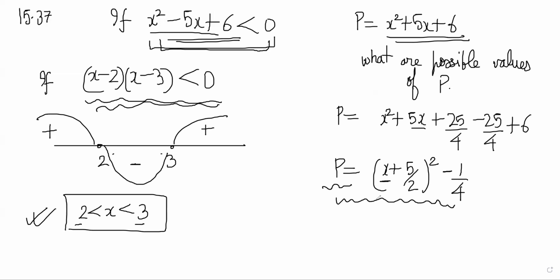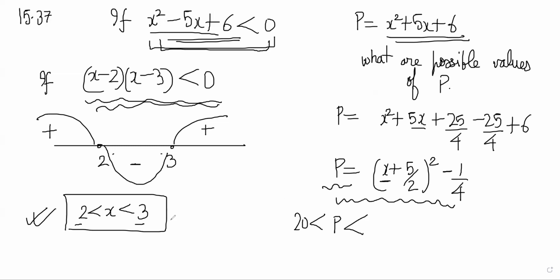I can say for sure that this is a quadratic, and its value will keep increasing as you give higher and higher x's. If I put 2 here, you'll get 2 plus 5 by 2, which is 9 by 2. So 9 by 2 square is 81 by 4, minus 1 by 4 is 80 by 4. So p will be greater than 20.